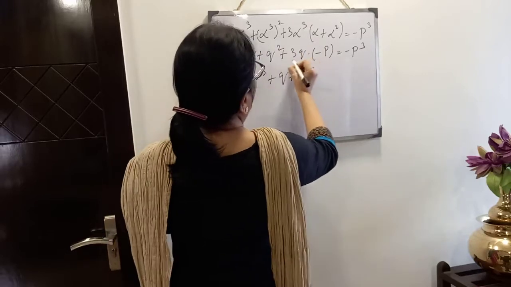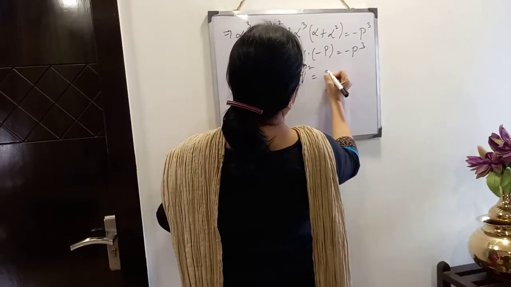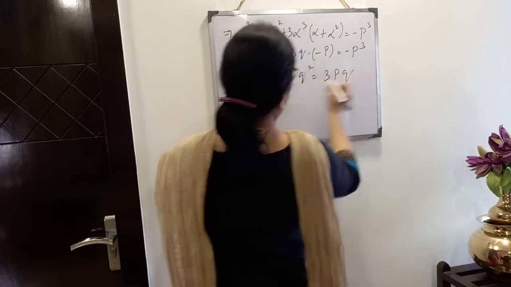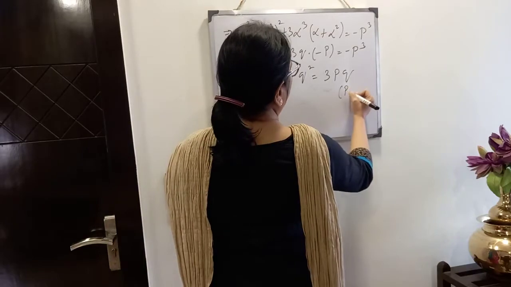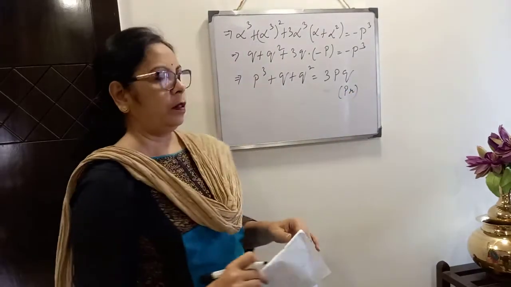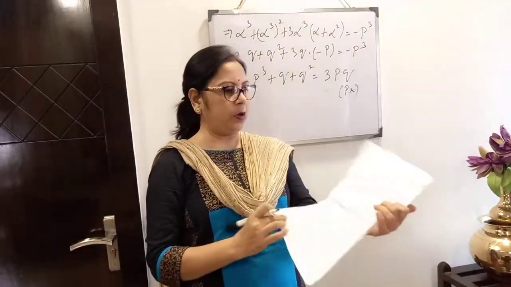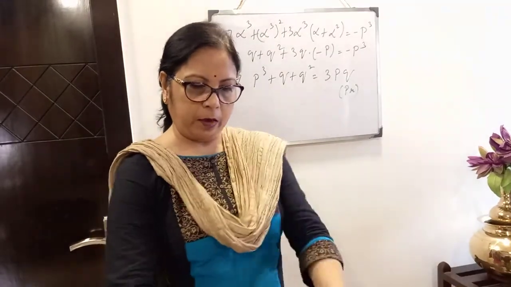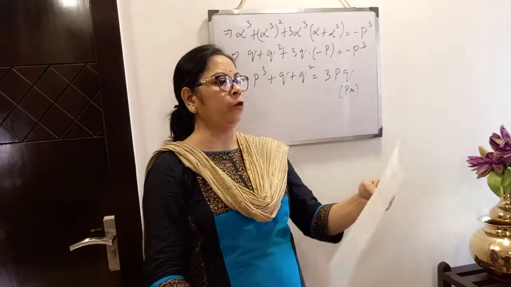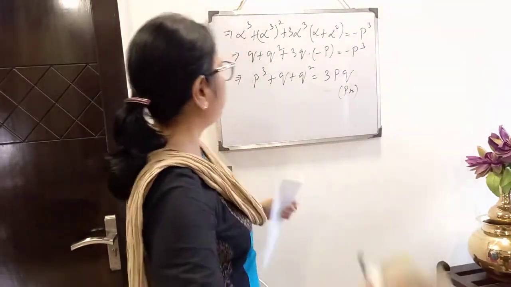This is negative, minus 3pq. If I take that side, it is becoming plus. This we have to prove. Clear? This we have proved.